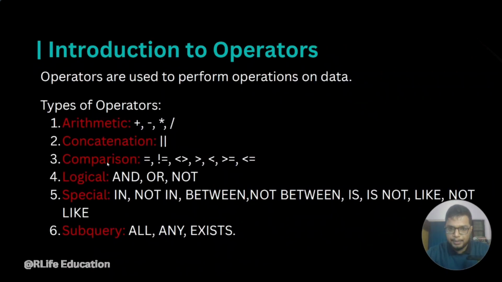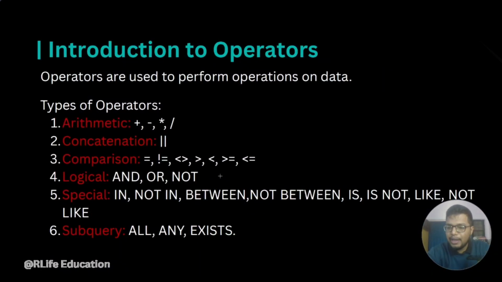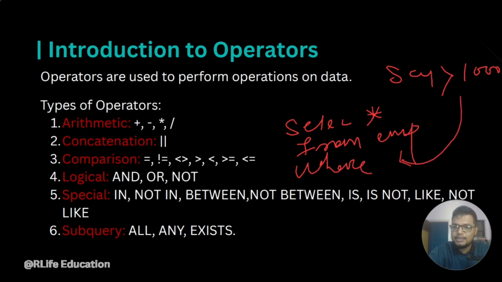Now, the comparison operator. Comparison operator means when we have to extract the employee details of those whose salary is greater than 1000, those who are earning more than 1000. In that case, we want all the data, so we select data from our employee table. In the where clause, we provide this condition: salary is greater than 1000.